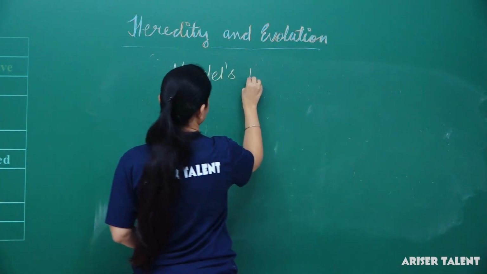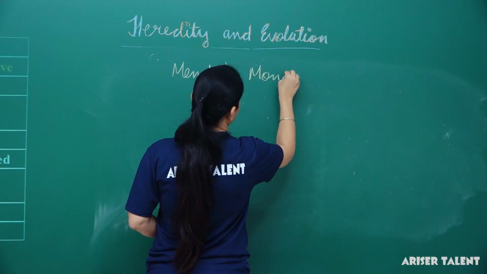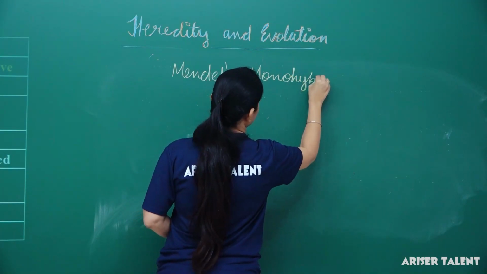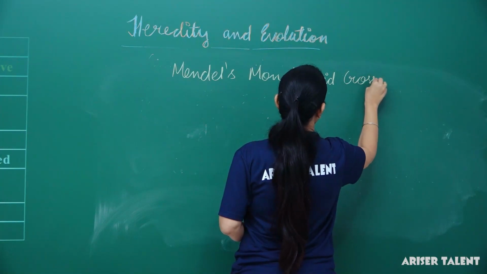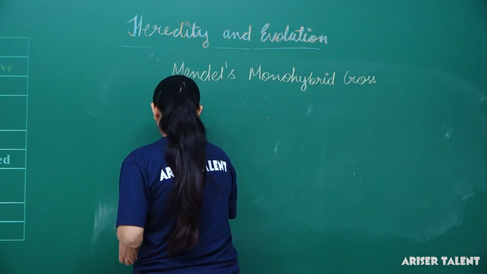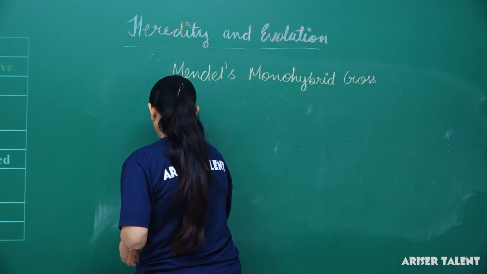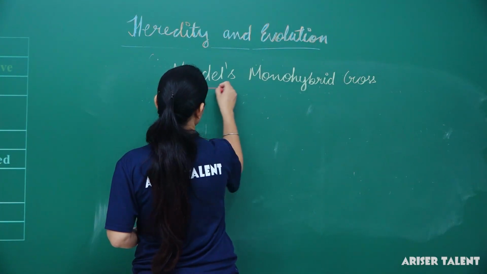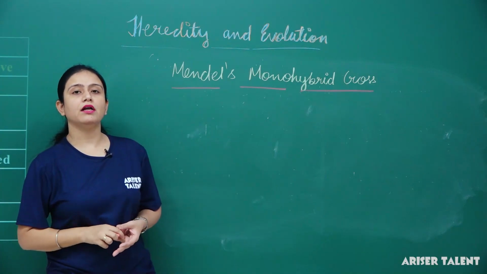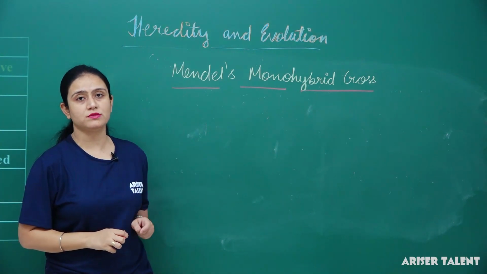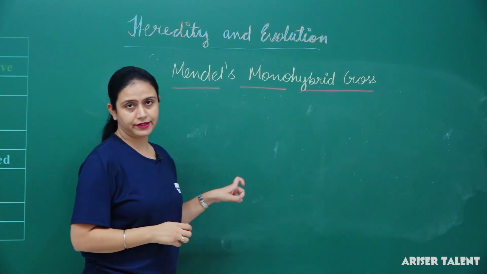Mendel's monohybrid cross. Okay, monohybrid cross means the plant was taken from one species with one characteristic only.